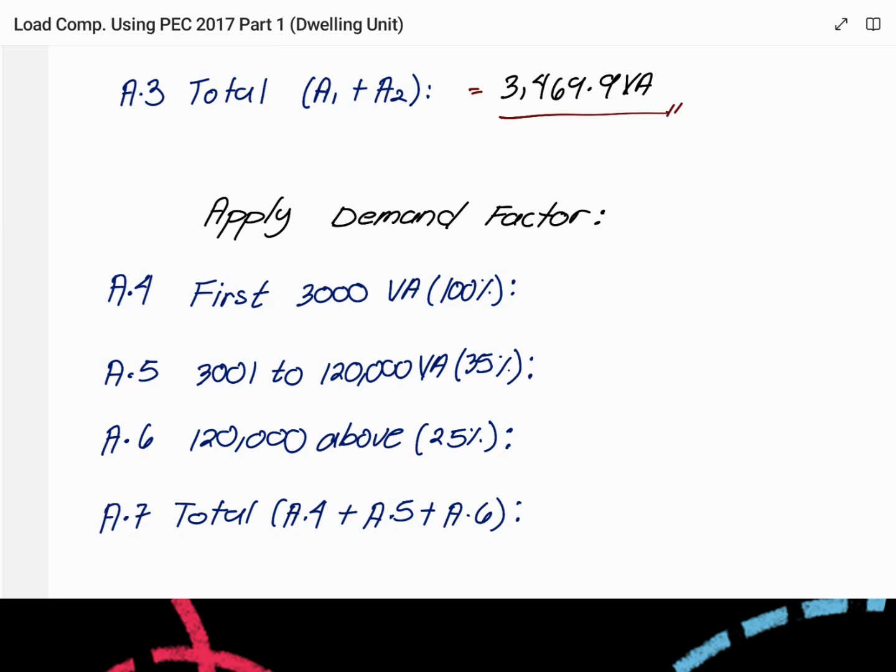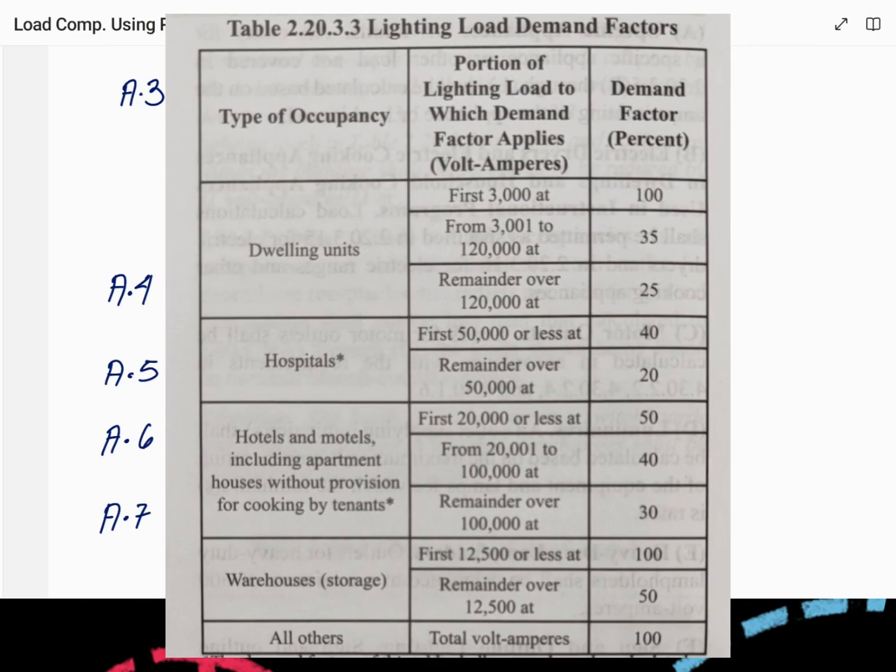Next, we will apply the demand factor. By the way, demand factor is the ratio of the maximum load used by the circuit over the full load capacity of the circuit. So to apply this one, we will refer to table 2.20.3.3 of the PEC 2017.